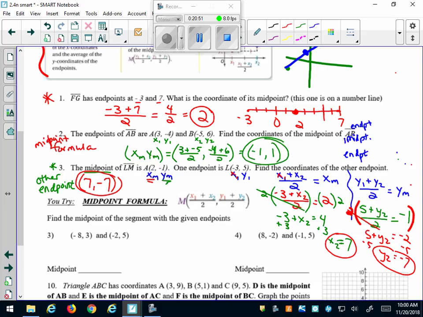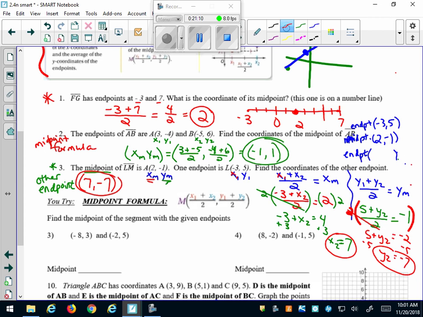This is the mid. Okay? So endpoint, midpoint in the middle, and then endpoint. So the endpoint they give you is negative 3, 5. The midpoint they give you is 2, negative 1.